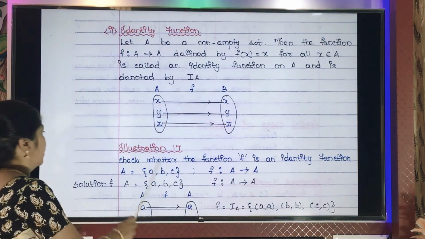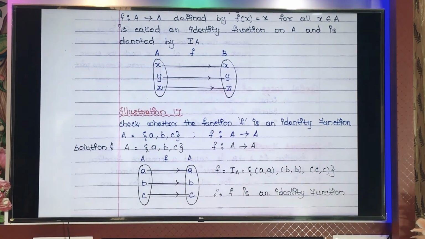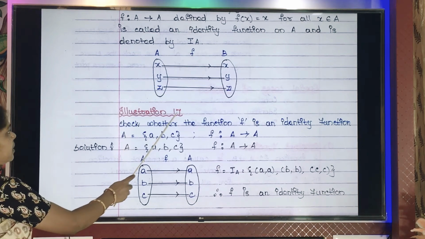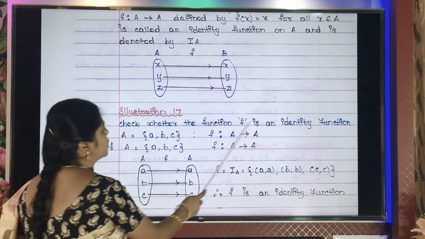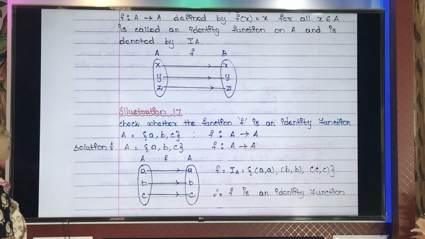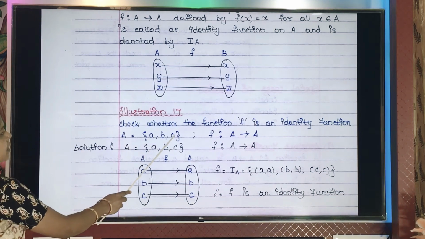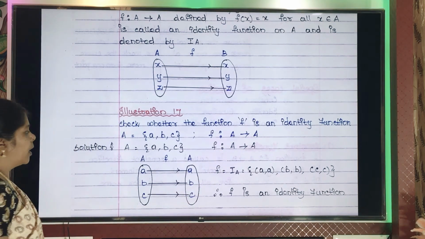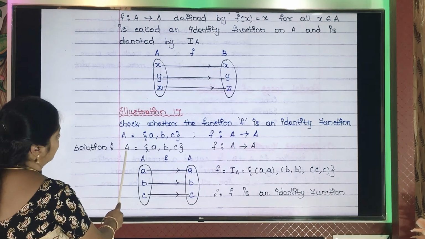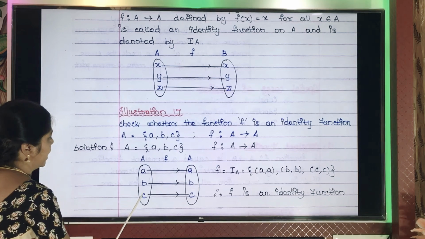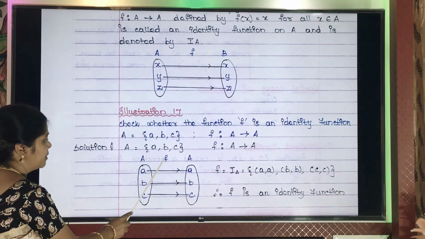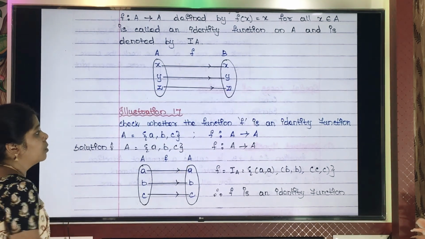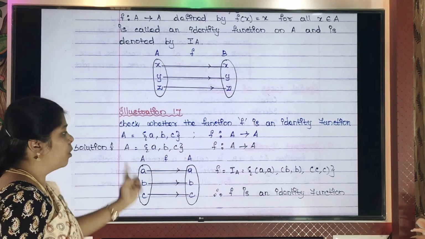Understood? Next, there is another illustration here, 17. Check whether the function is an identity function. Set A is A, B, C. F is a function from A to A. See here. Set of elements of A is A, B, C. I have written A, B, C, A, B, C. F is a function from A to A. So, if this is an identity function, what will happen?